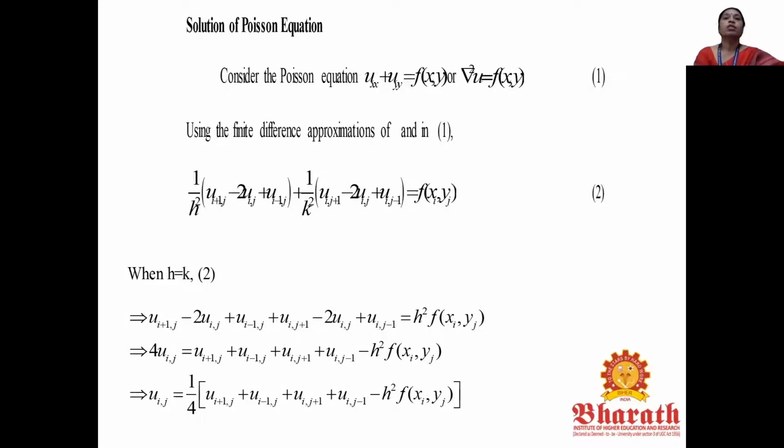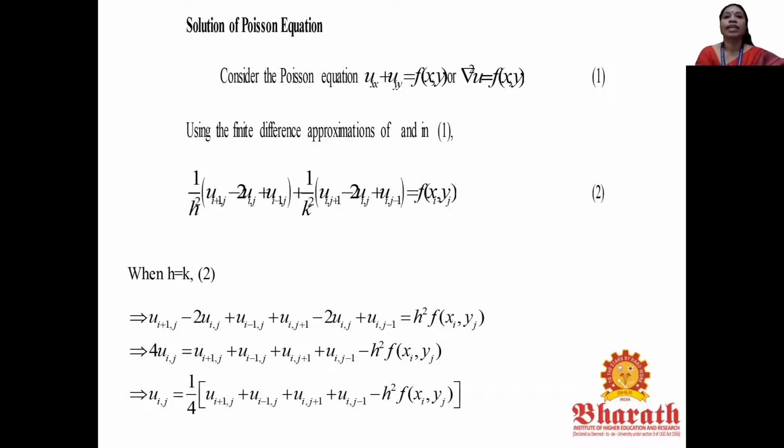So next is the solution of the Poisson equation. So consider the Poisson equation u double x plus u double y is equal to f of x comma y. This u double x plus u double y can also be written as del square of u, that is a function of x comma y.